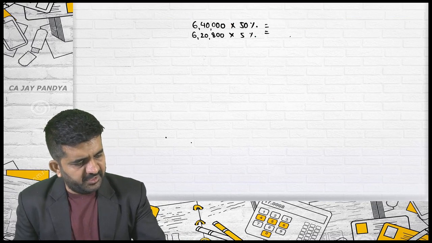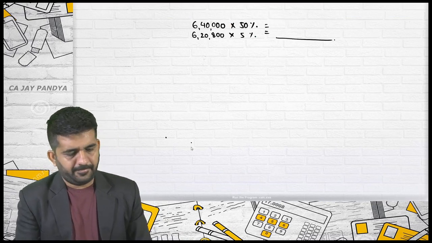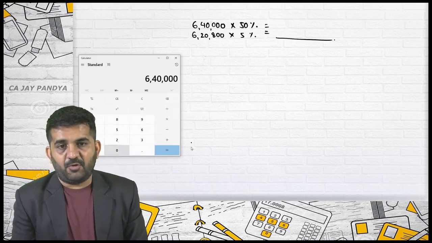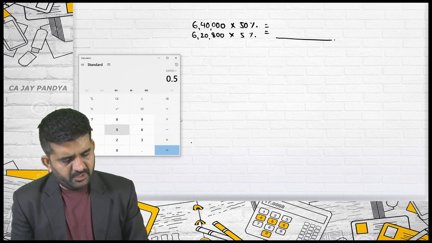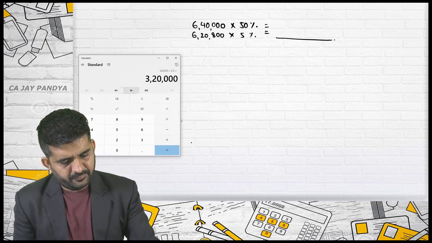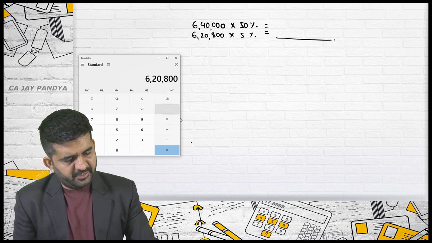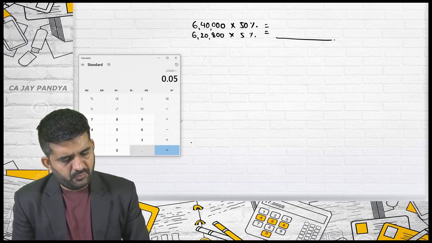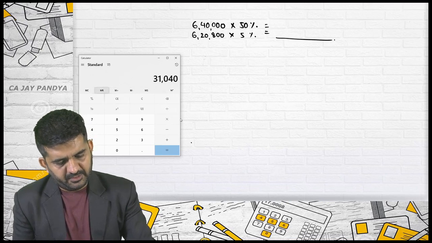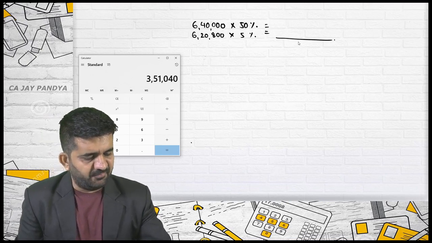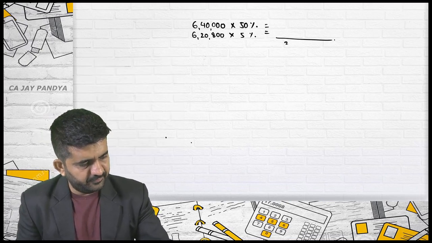It works out to be 6,40,000 into 50% plus 6,20,800 into 5%, which is 3,51,040.